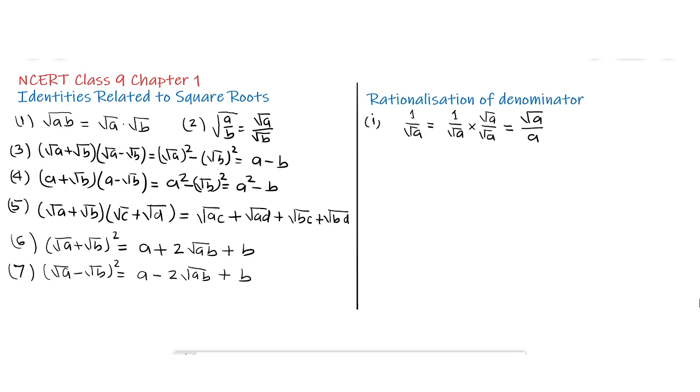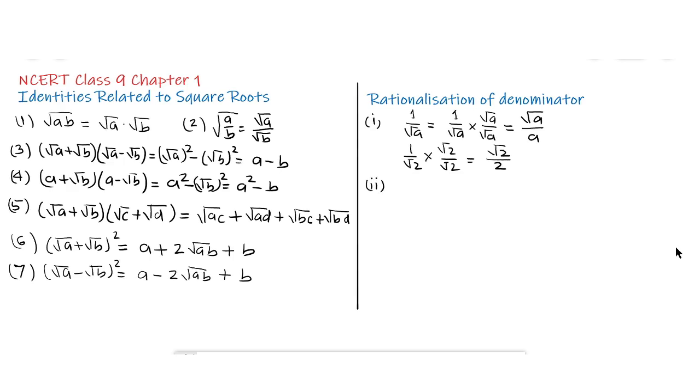So this becomes 1 upon root A multiplied by root A upon root A, equal to root A upon A. And we give the example: 1 upon root 2 is rationalized, so we multiply by root 2 upon root 2. This becomes root 2 upon 2.